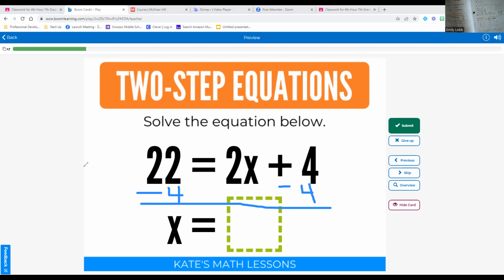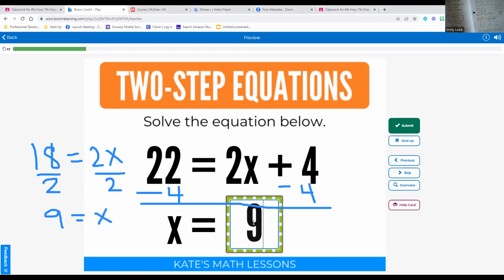So now I have 18 is equal to 2x, but I want 1x, so I have to divide both sides by what? How do I make this coefficient 1? Divide it by itself. So 9 is equal to x, which also means that x is equal to 9.